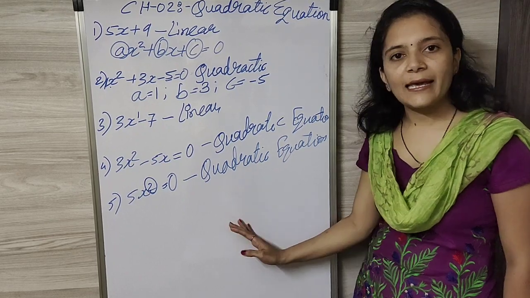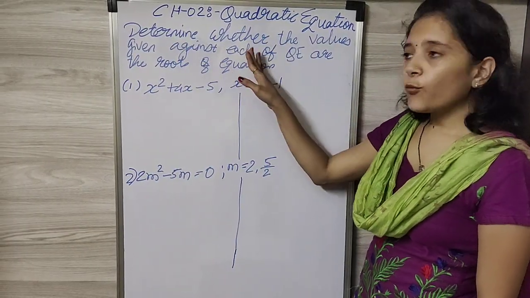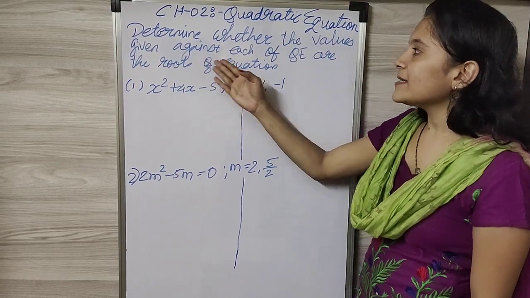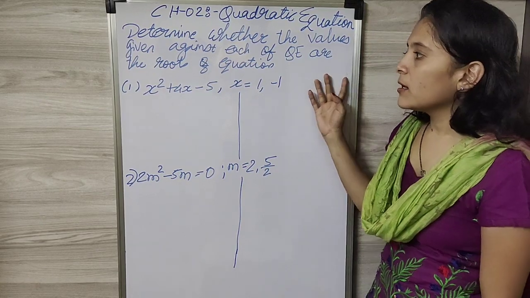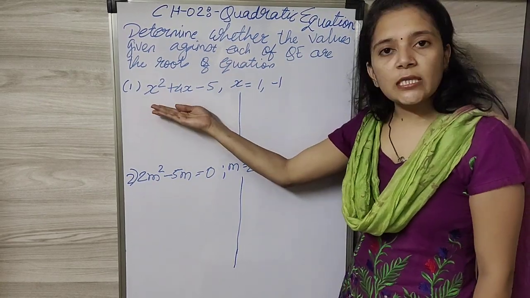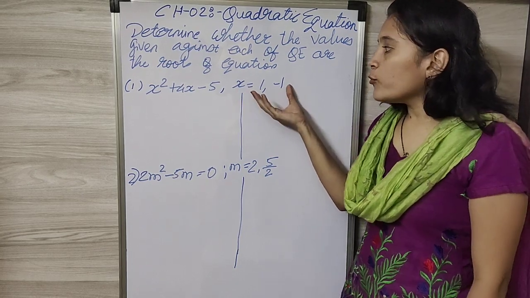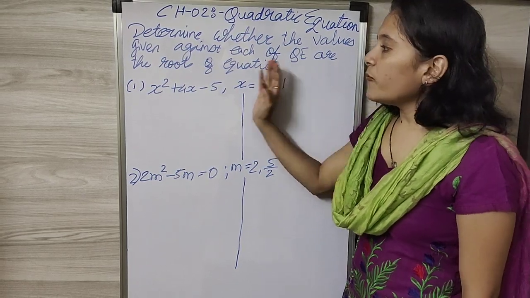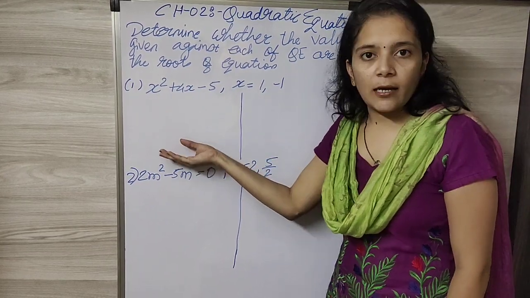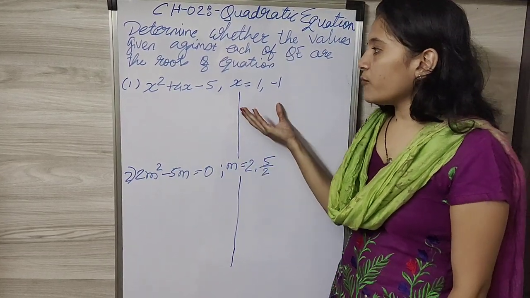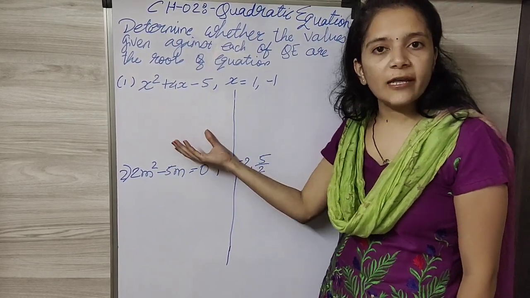Now moving to the next topic. The second question is: determine whether the values given against each of the quadratic equations are the roots of the equation. Against the given equation, 2 values are given, and one of those values is a root of the equation. So we have to identify which of these are the roots of the quadratic equation.